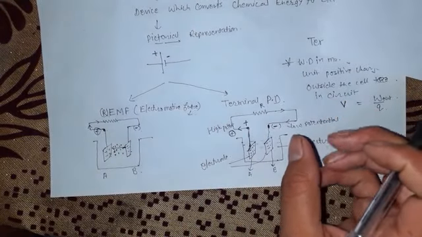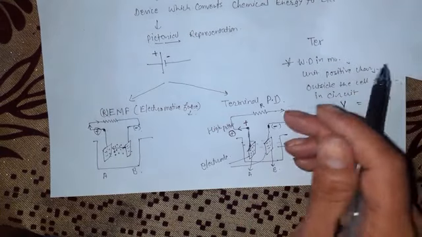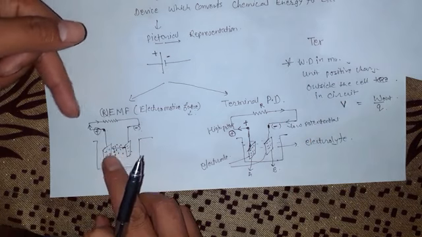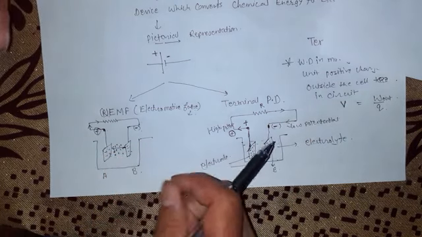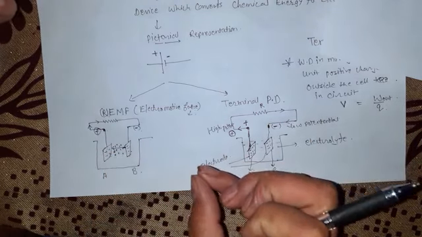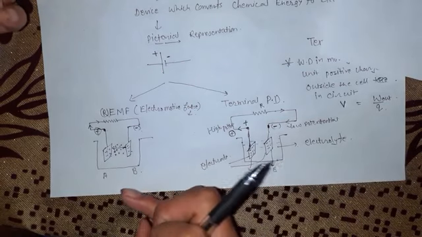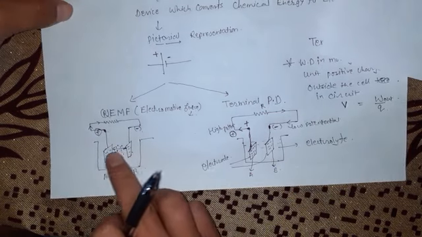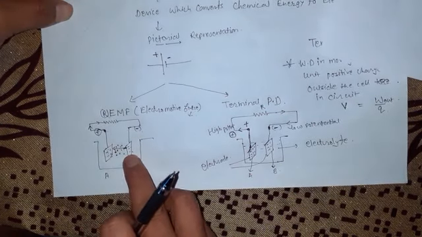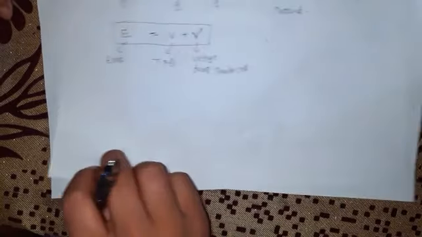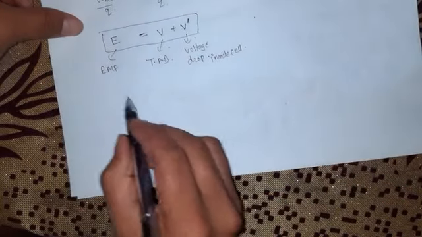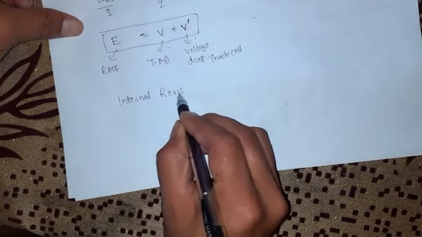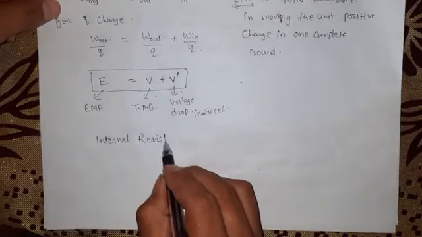Similarly, the electrodes also oppose the flow of charges a little. Due to this opposition offered by the electrolyte and the electrode material, we call this a resistance inside the cell. For this purpose, let us define it as internal resistance.